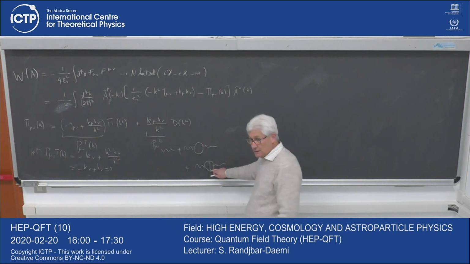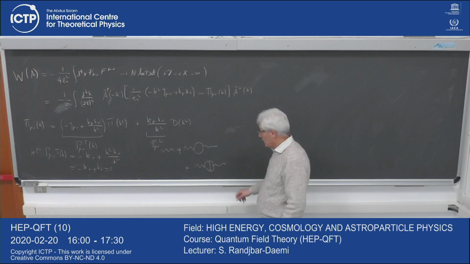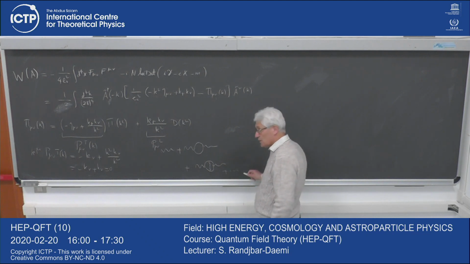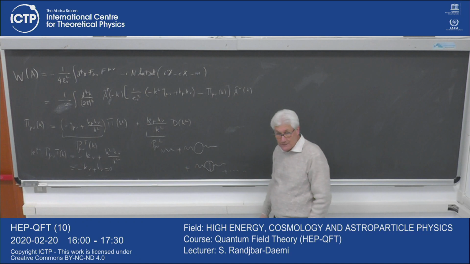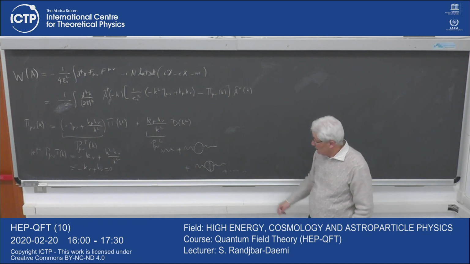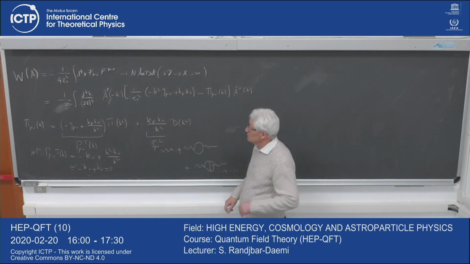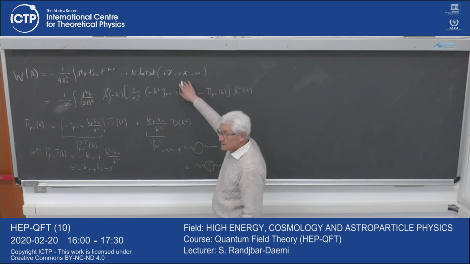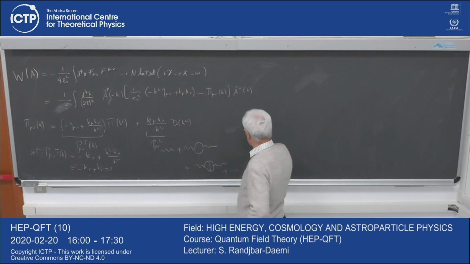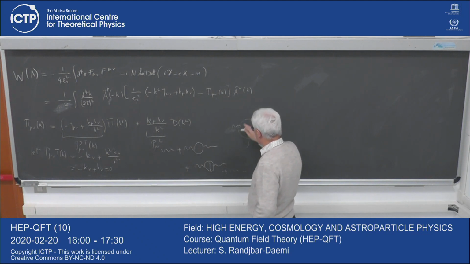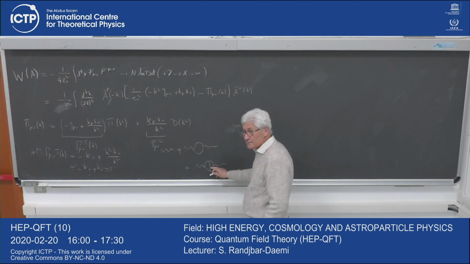A will start propagating also in the loops, and there will be an infinite number of higher loop graphs. In our calculation, we do not see this because A is not quantized, and we saw that integrating over the fermions produces just this term, which produces graphs with an arbitrary number of external A lines attached to it, but no internal A line. It's only a one loop graph. This is a two loop graph.